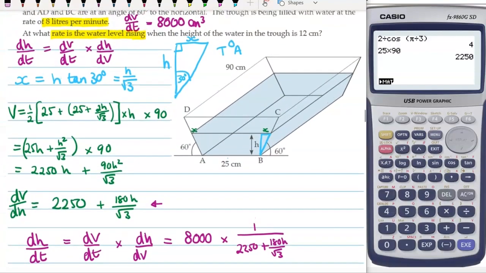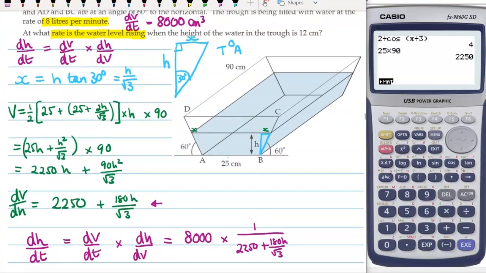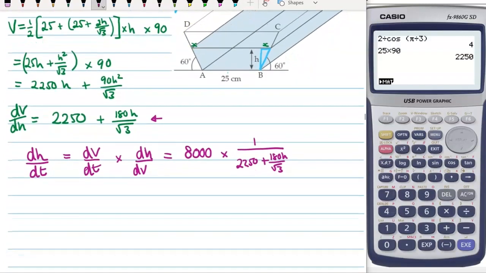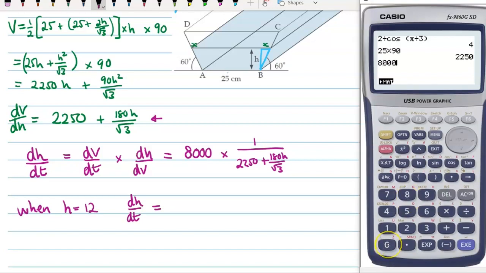Now we're working this out for when the height of the water in the trough is 12 centimeters. So when h is 12, dh by dt, we'll pop it in. So it's going to be 8,000 divided by 2250 plus 180 times 12 divided by root 3.